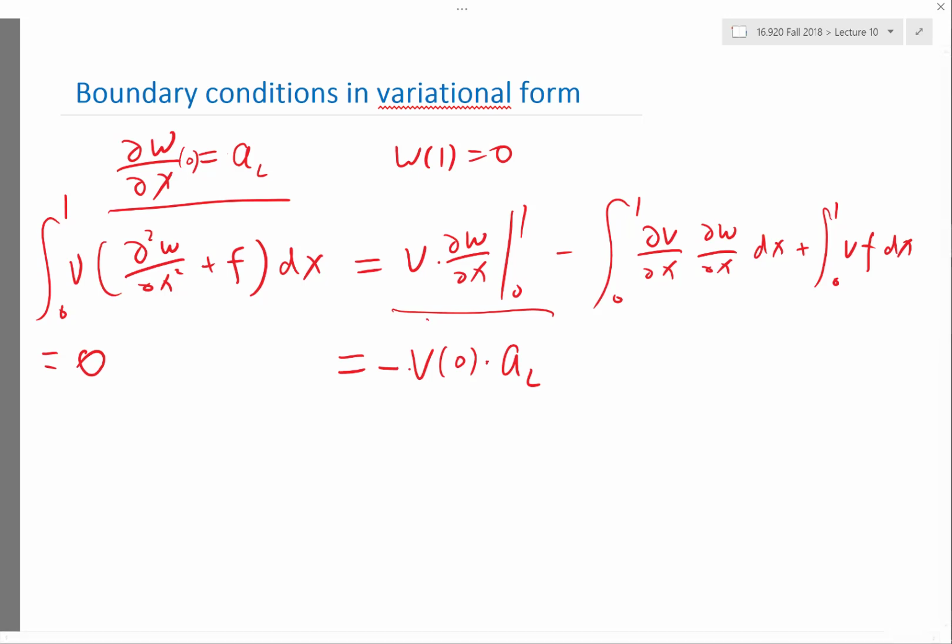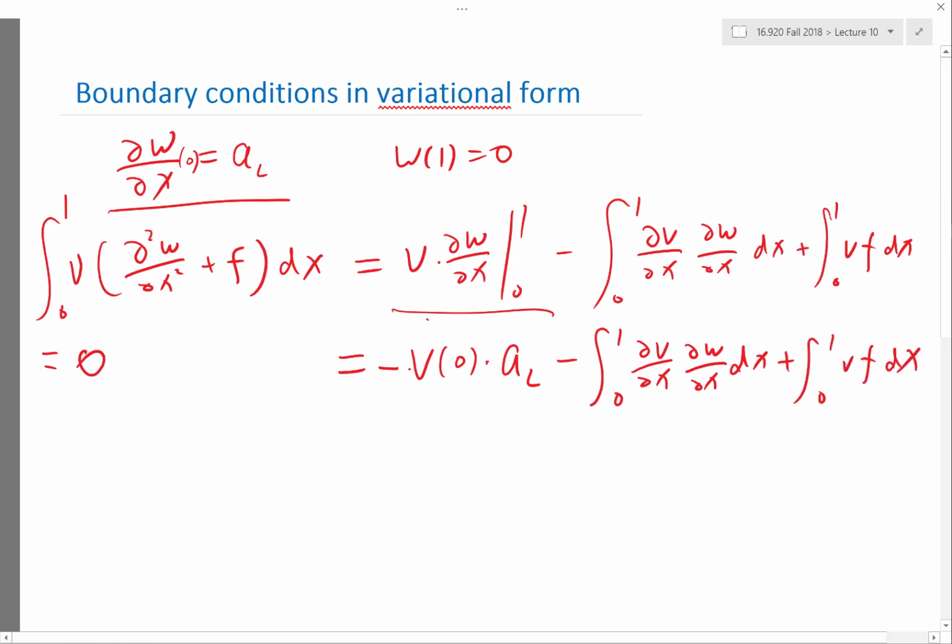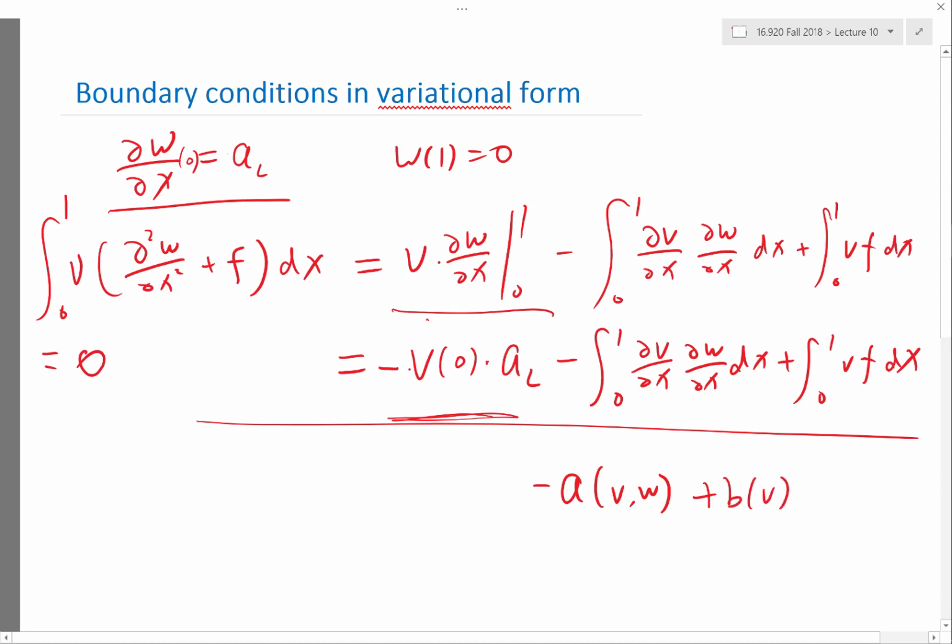Okay, so let's see where this term is going to end up. Now 0 equal to that is my new equation. I have this additional term. I still want to write the whole thing as A of V, W. Well, let's just have a minus sign here, plus B of V equal to 0.